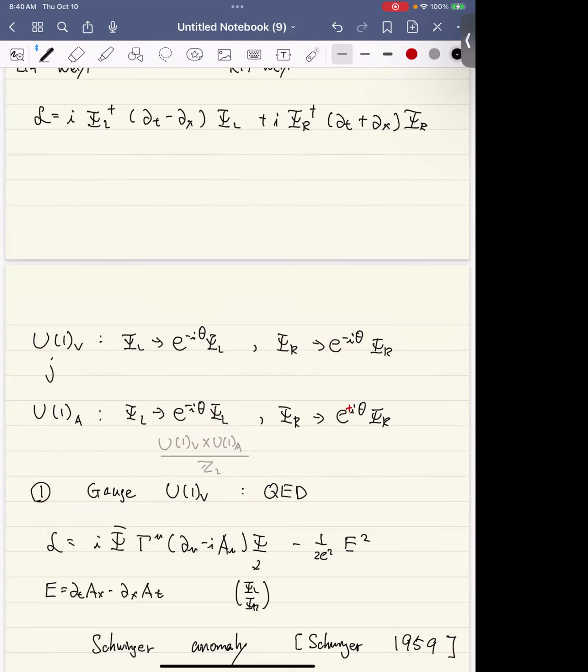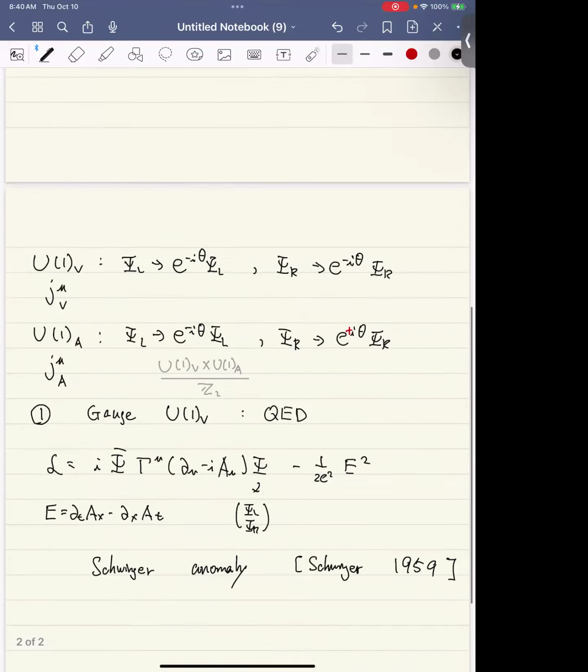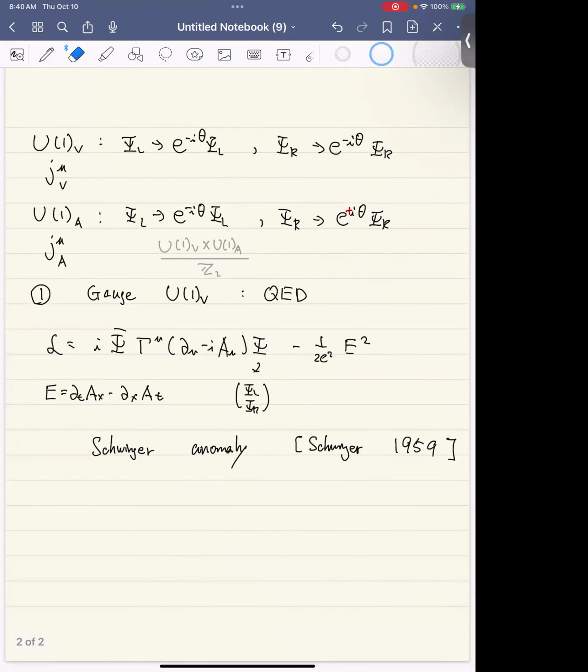So there's a Noether current associated with each of the two U(1)s. So it's just some simple fermion bilinears. Let me now write down the explicit expression. The statement of the Schwinger anomaly is that the moment you gauge the vector symmetry, then the axial symmetry is no longer conserved. So this is the statement that ∂_μ J^μ_A is not 0. Rather, it's 1 over pi times the electric field.